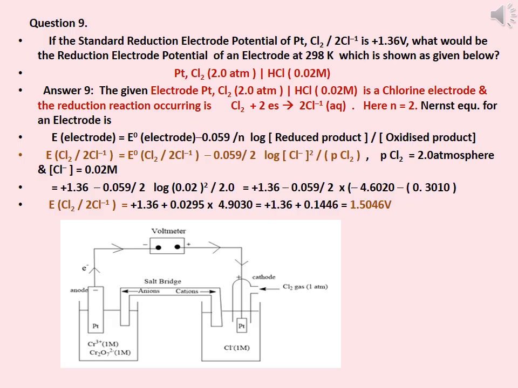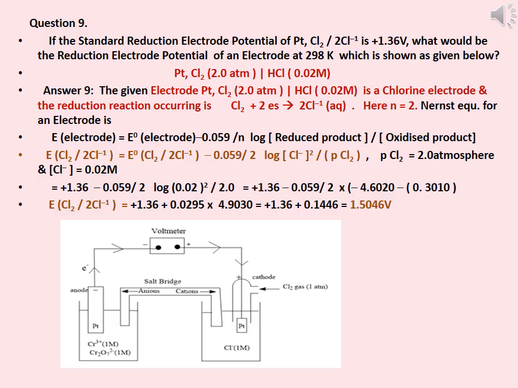Substituting the values in the equation, we get E electrode is equal to plus 1.36 minus 0.059 by 2 log of 0.02 the whole square divided by 2. So taking logs and subtracting, we get plus 1.36 minus 0.059 by 2 into minus of 4.6020 minus 0.3010.